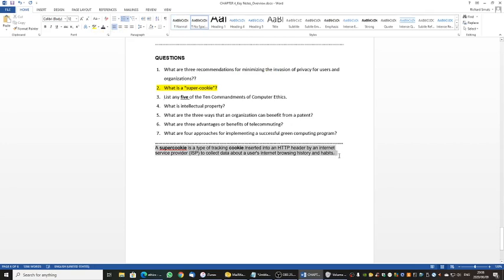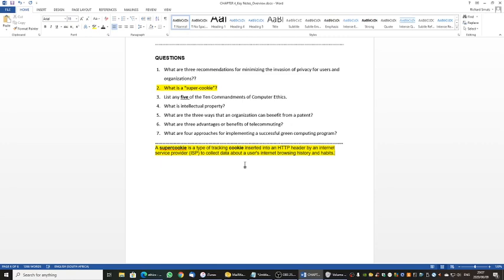A super cookie is a type of tracking cookie that they put on your internet browser. It's in the web address that is downloaded to your computer by an ISP to collect all the information about where you are surfing, where you are browsing, and what you are searching for.